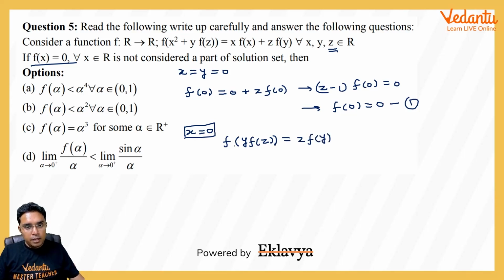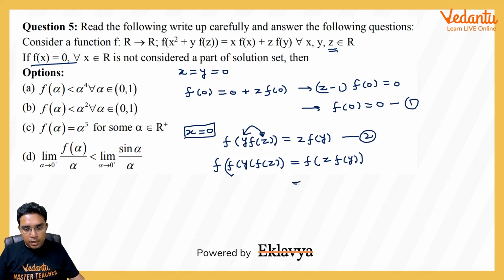Now if I take f once again on both sides, so f of (f(y) into f(z)), it will become f of z into f(y). Now make use of this relation number 2. You can interchange y with z, then this f of z into f(y) will become equal to y into f(z). Just equation number 2 we are going to use.